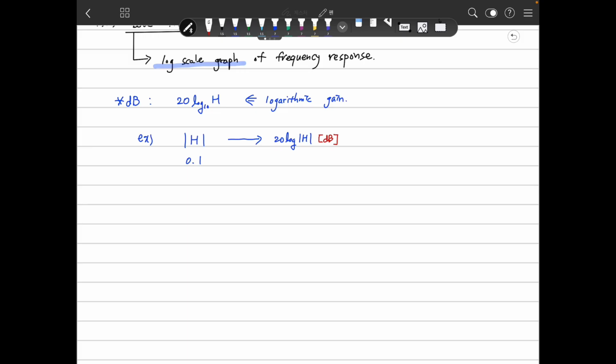That value is minus 20. If H is 1, then the value is 20 log 1. Log 1 is 0, therefore it's 0. How about 10? 20 log 10 will be 20.